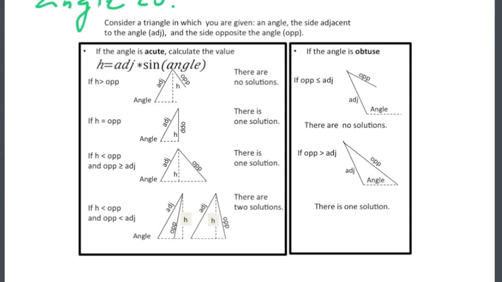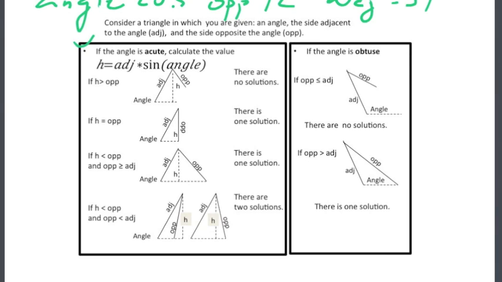To start example 5, we have the angle is 20.5. The opposite is 12. And the adjacent is 31. So the angle is acute.